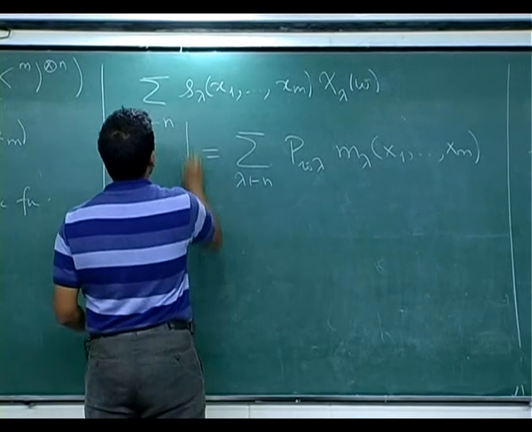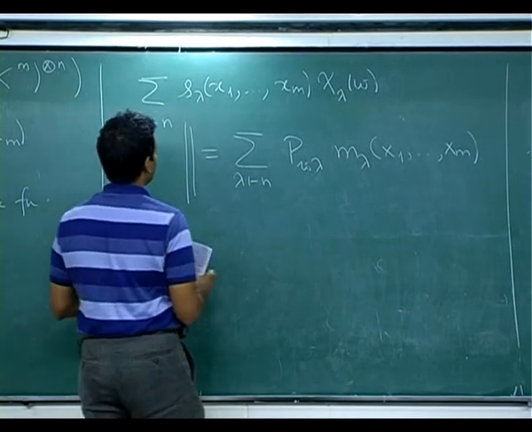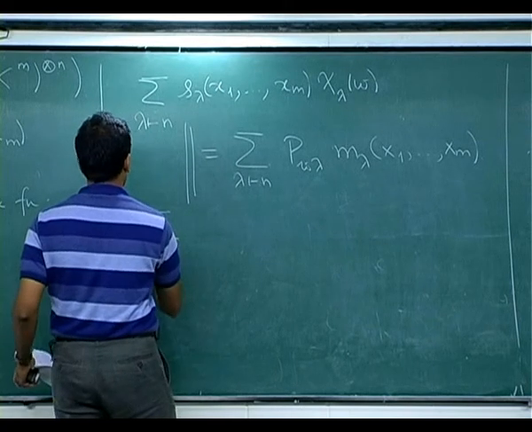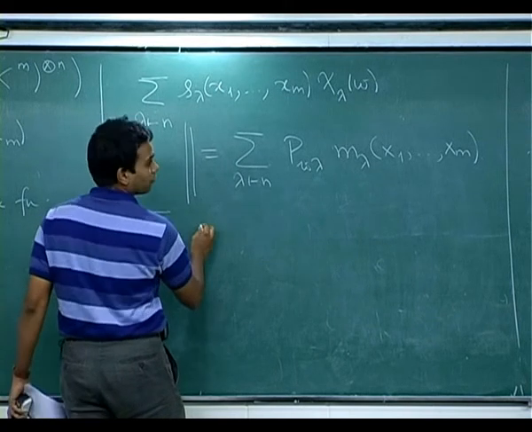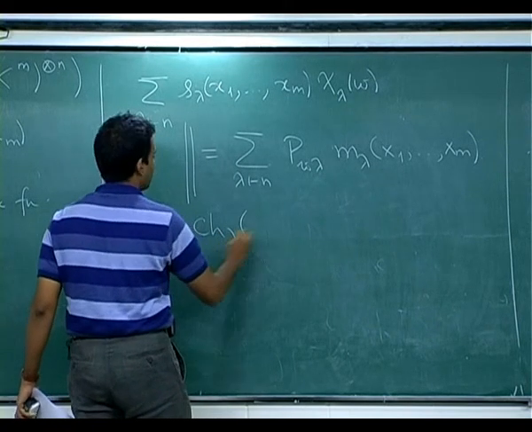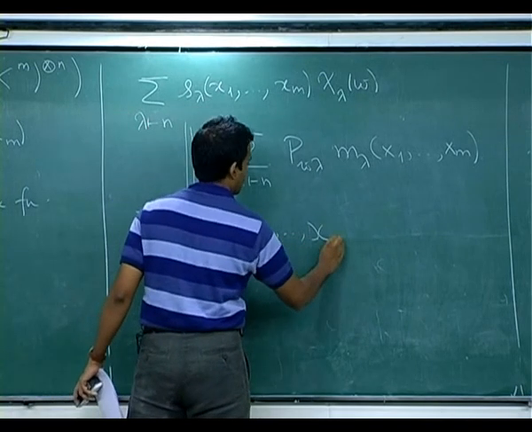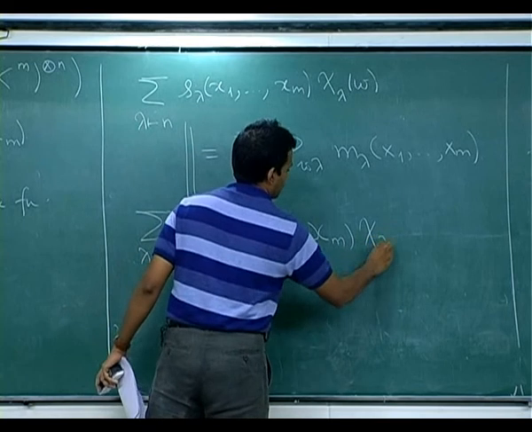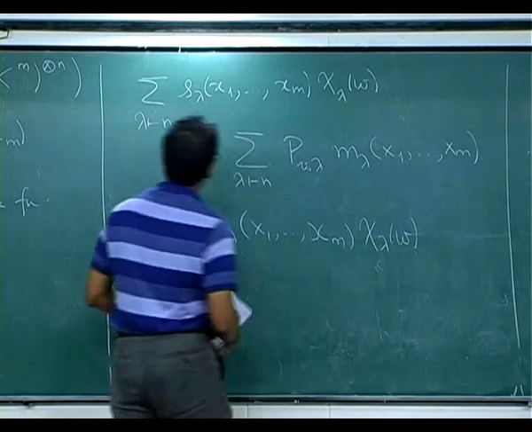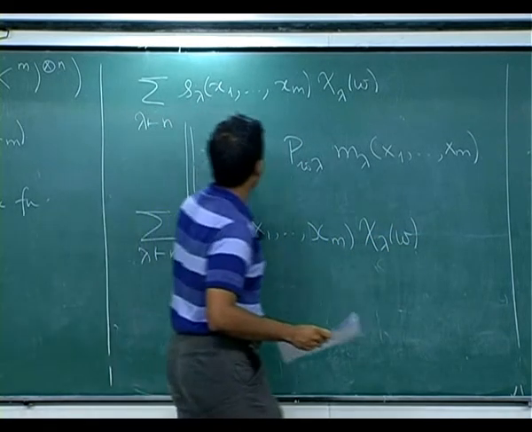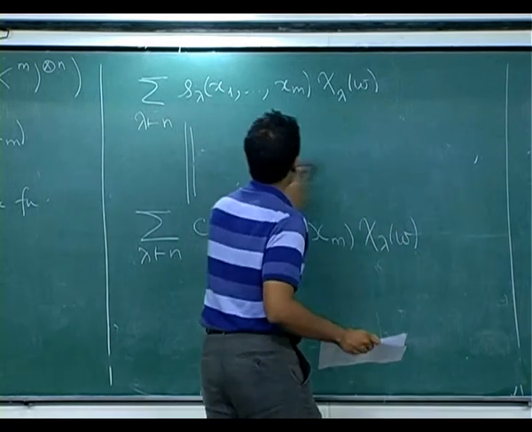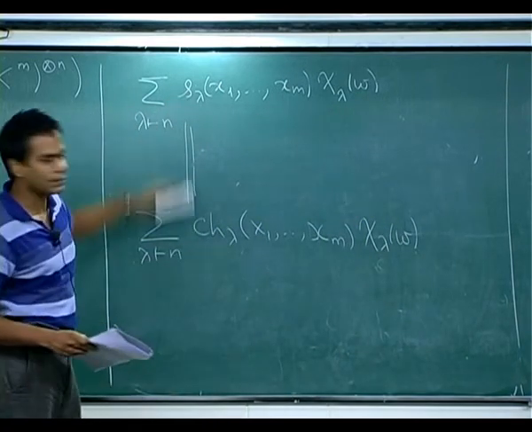So, this guy is equal to a summation of the characteristic of the lambdath representation, and I can just forget about this bit. This was just the intermediate step. So, these two things are equal.